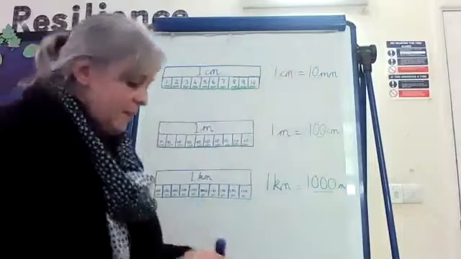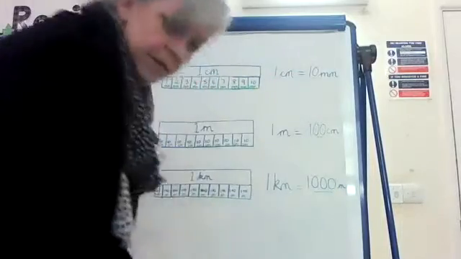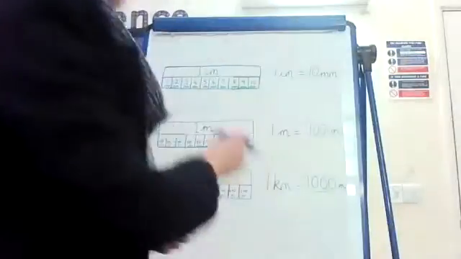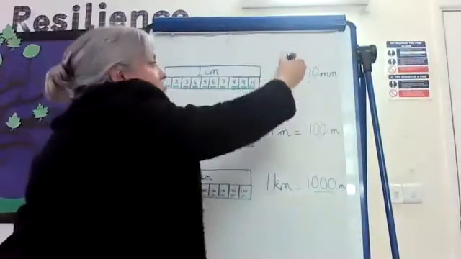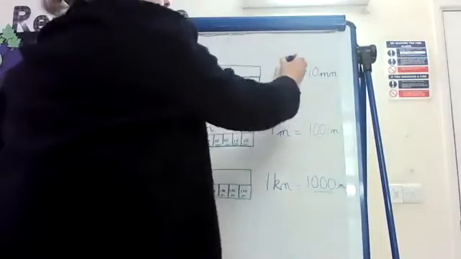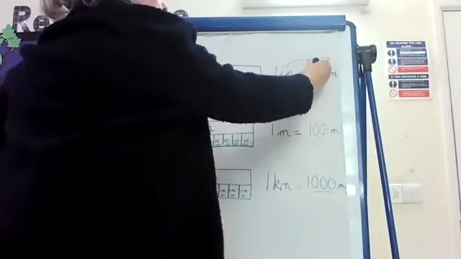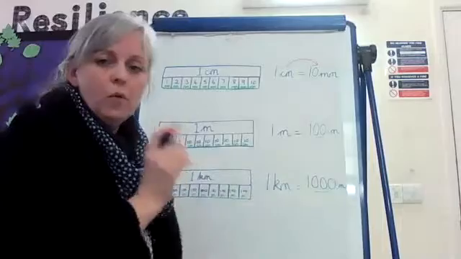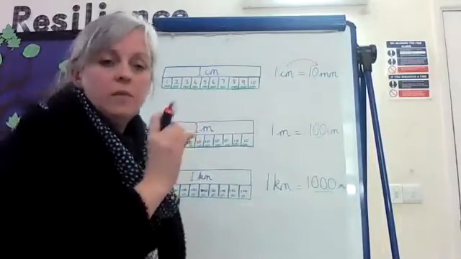Well, what is happening, and I'm going to try and show you in different colours. Right, what is happening to convert from centimetres to get to the 10 millimetres? So what is actually happening from that 1 to get to the 10?